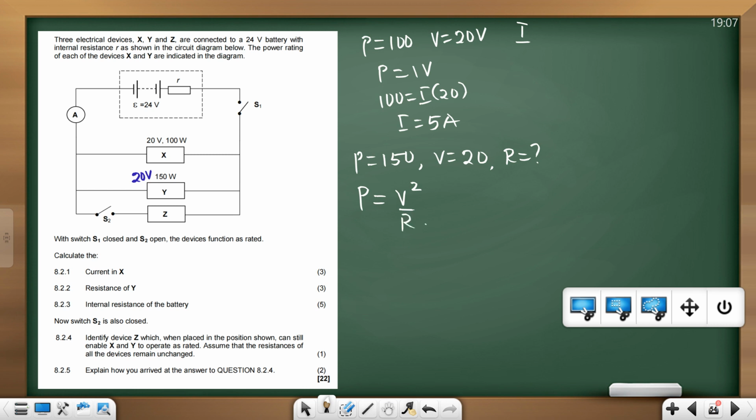V squared over R. Are you enjoying physics? 150 equals to what? 20 squared over R. You want to give me R? 400 divided by 150. That's 40 over 15. You are wrong. 2,67 ohms.